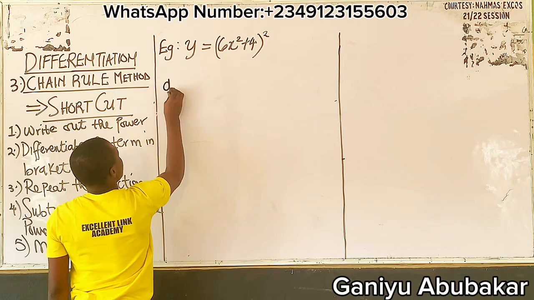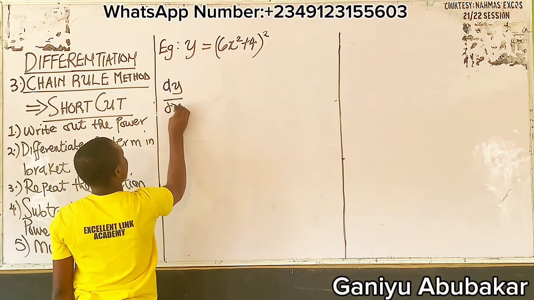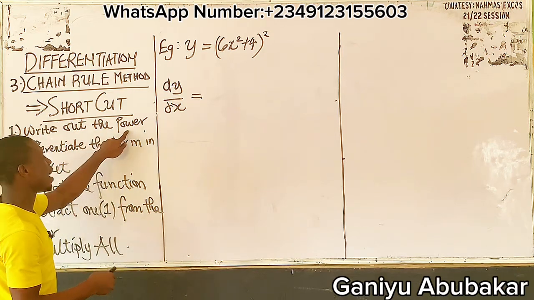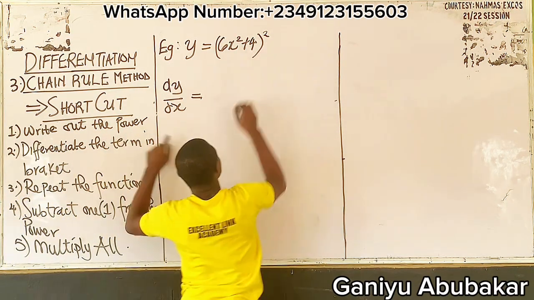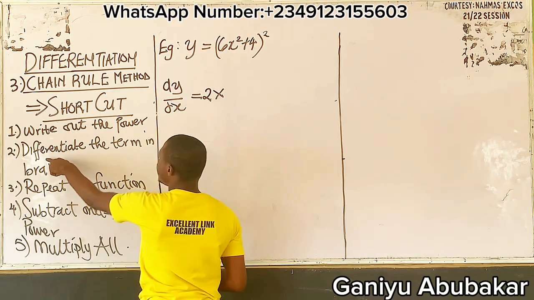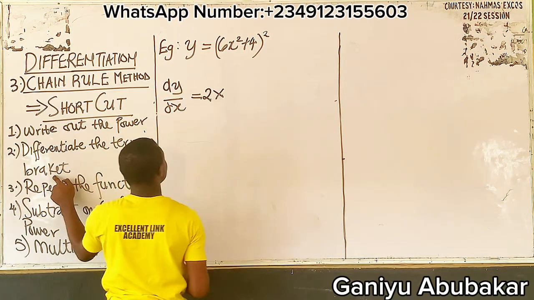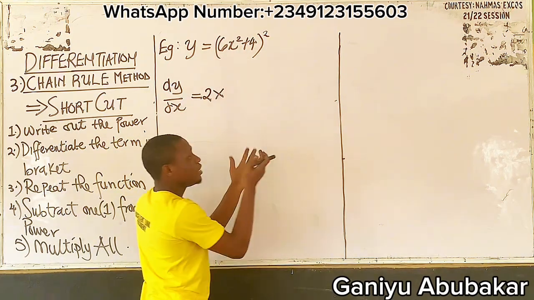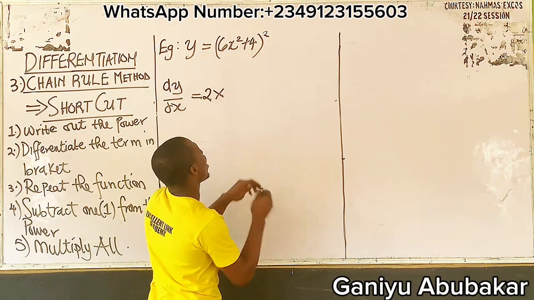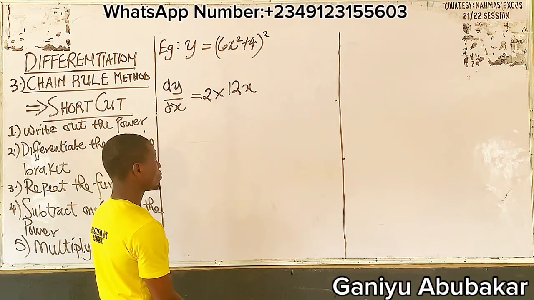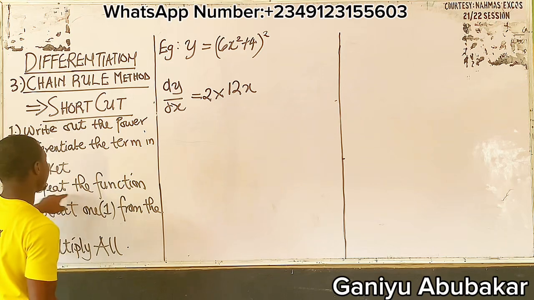So dy/dx is equal to, we said the first task is to write out the path. What's the power here? 2. That becomes 2 times. What next? Differentiate the term in bracket. In the bracket I see 6x squared plus 4. Differentiating 6x squared plus 4, I'll have 12x. I'm done.